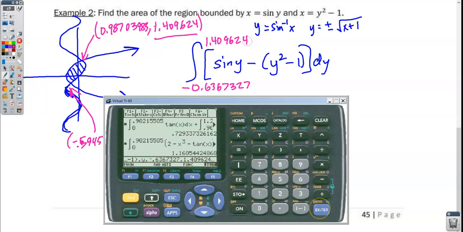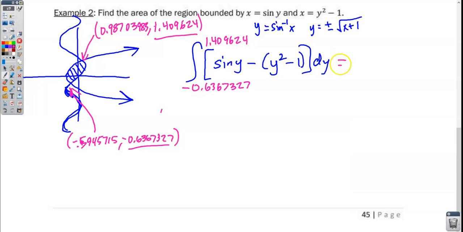And I get 1.670 for the area. And that's how I can use inverses to help me when I've got curves as functions with respect to y, and I'm trying to find the area of them on my calculator. A little cheat code that you can use to help you find these when it's otherwise pretty difficult.